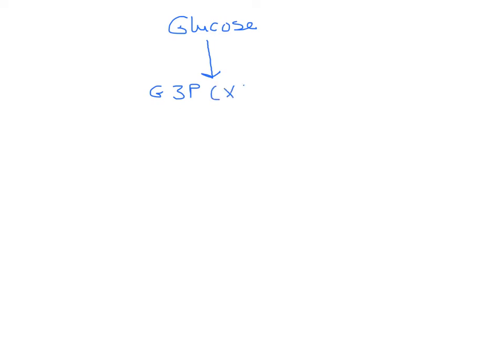So I'm just going to put a times 2 here. And in order to get to that point, you need to invest ATPs. So here's 2 ATPs, yielding 2 ADPs.